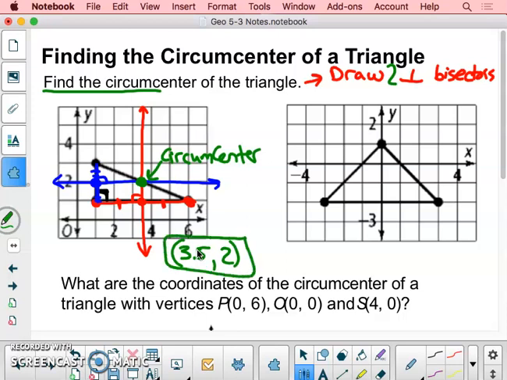We'll try that a couple more times. This one is particularly a little bit tougher, and I'll show you why right now. So this one on the right, we're looking for that circumcenter. The easiest lines to draw the perpendicular bisectors through are the horizontal lines and the vertical lines.